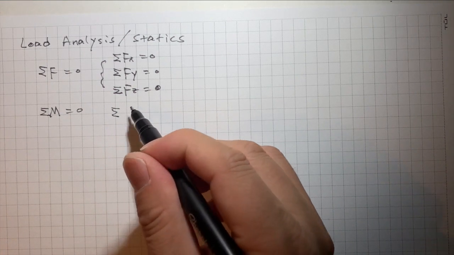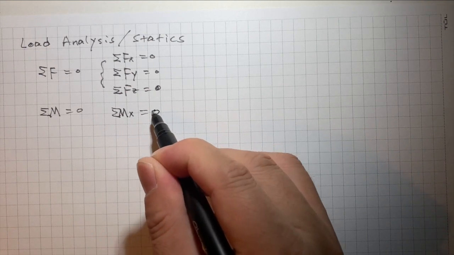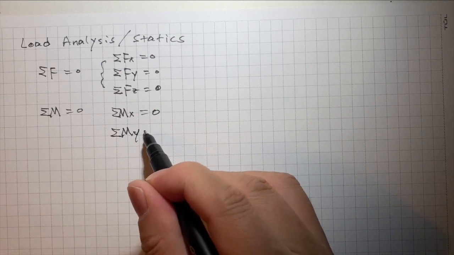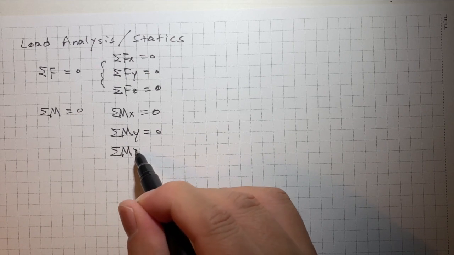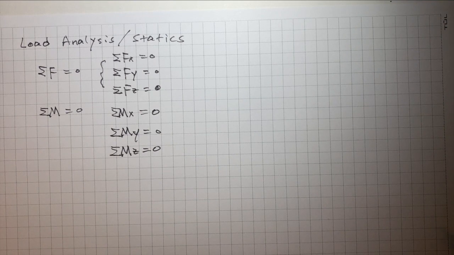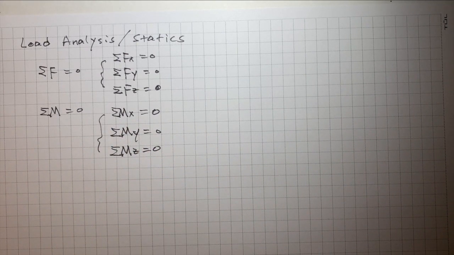Similarly, for the moment vector, we have sigma Mx equals 0, sigma My equals 0, and sigma Mz equals 0. So moment about the x-axis, y-axis, and z-axis. So you get another three equations.